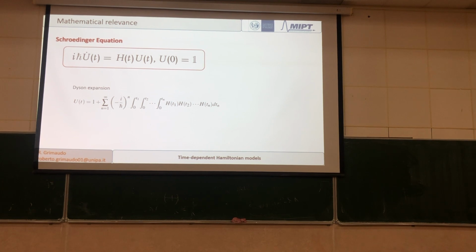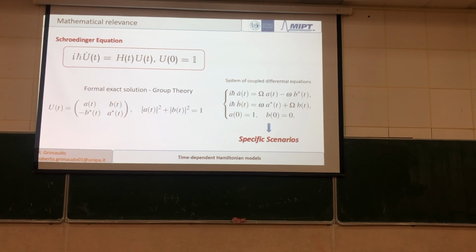But actually, we don't need such a writing. Why? Because for our two-level Hamiltonian, we know from group theory that the time evolution operator, solution of this dynamical problem, has a special structure, which is the following one, depending on just two parameters, A and B, which are in general time-dependent complex-valued functions, satisfying such a condition because of normalization reasons.